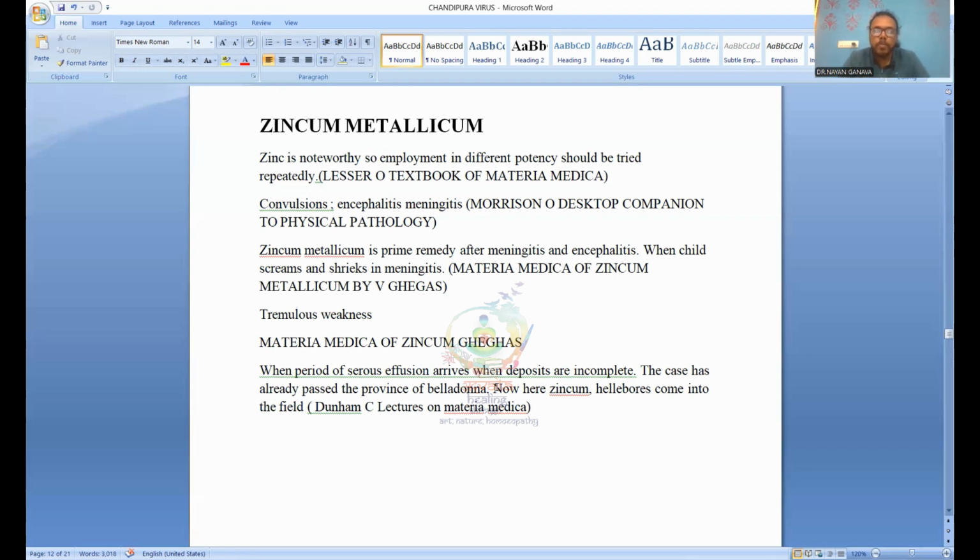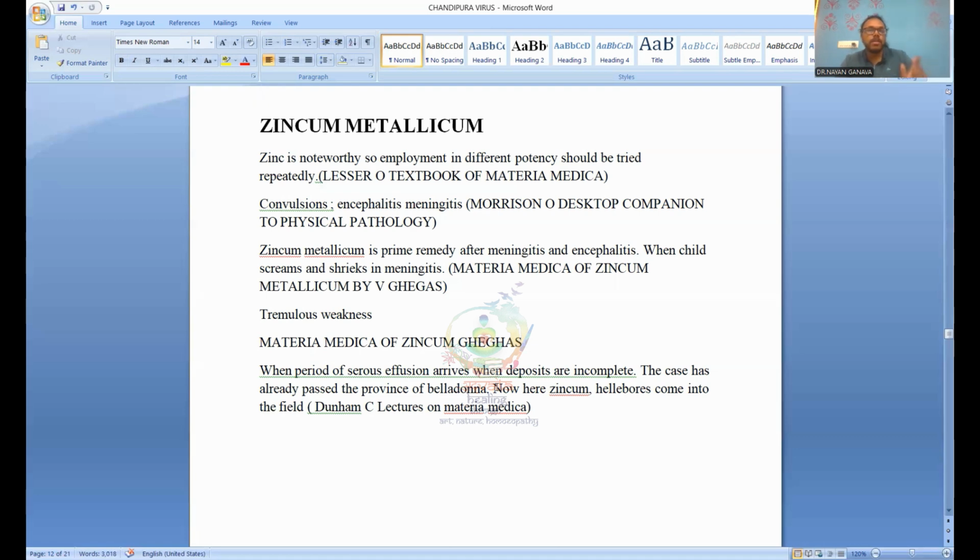In the Materia Medica of Zincum by author Kent, he has written: when the period of serous effusion arrives, when deposits are incomplete. So the indication of belladonna was that if there is a serous effusion just started, that is where belladonna is prescribed.